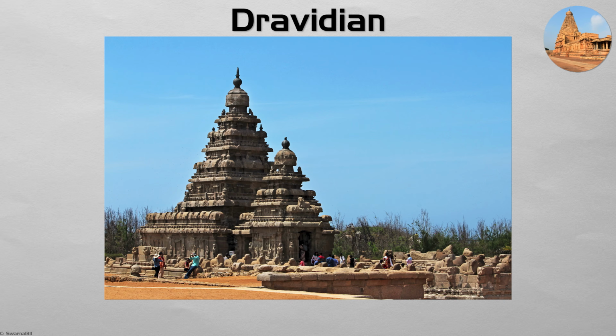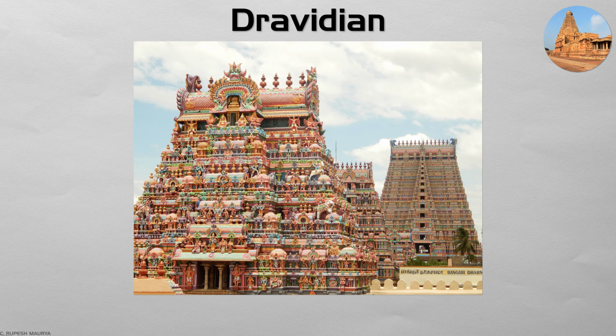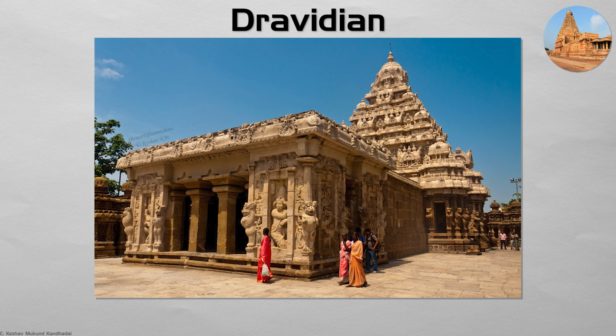Dravidian. The architectural style of the great southern kingdoms is completely different from the north. Dravidian temples are characterized by their massive, sprawling complexes and a unique main tower called the Vimana. Unlike the curving shikara, the Vimana is a stepped, pyramid-shaped structure rising in progressively smaller stories.